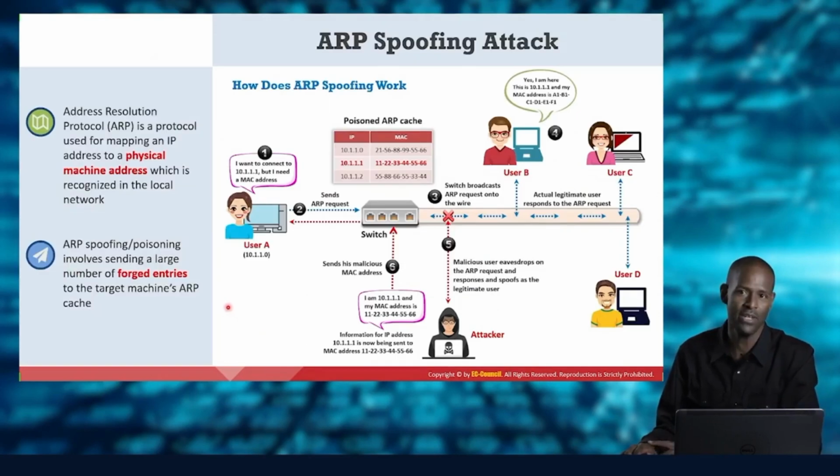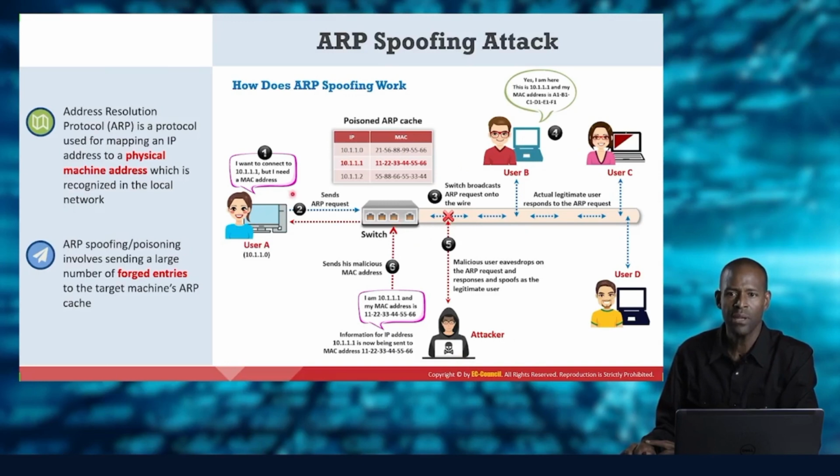Yet another type of attack is an ARP spoofing attack. The first thing we see here is we have a device, we have a switch. Remember, we were talking about the MAC table. Actually, this is not the MAC table. This is the ARP cache. ARP cache will be in each one of these devices. They will all have their own ARP cache. The switch doesn't have an ARP cache.